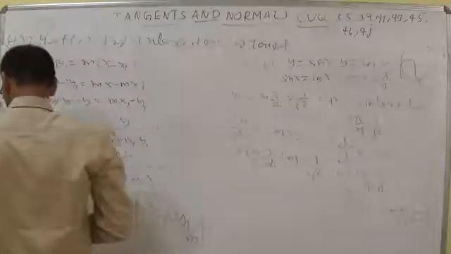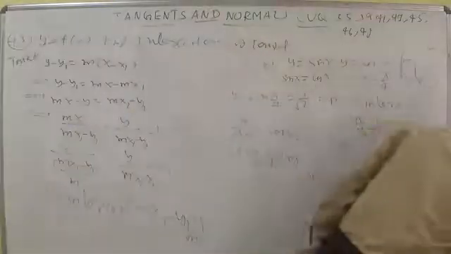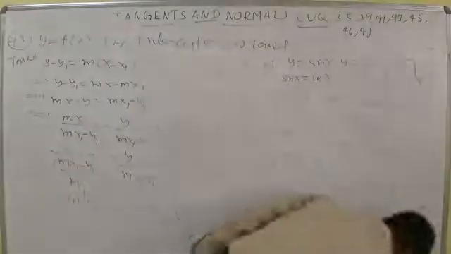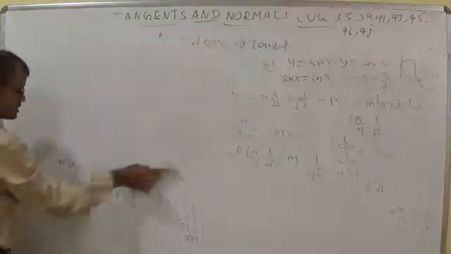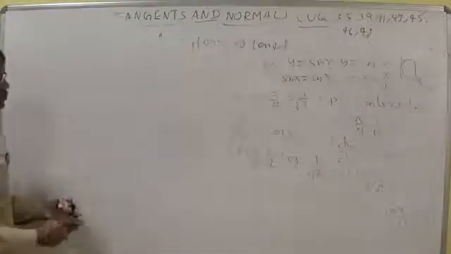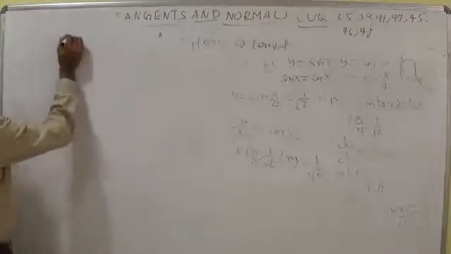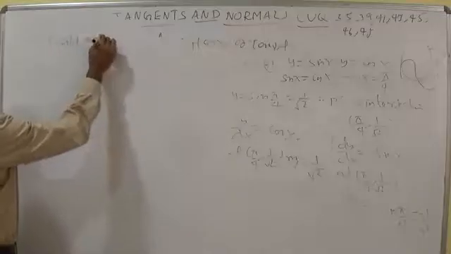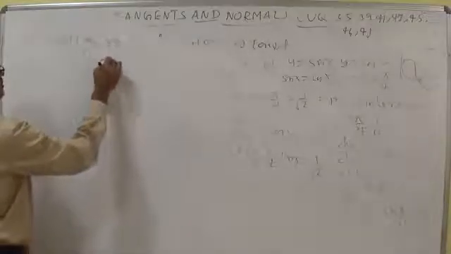Then we use the formula for the angle between two lines: theta = tan inverse of (m1 minus m2) by (1 plus m1 m2).